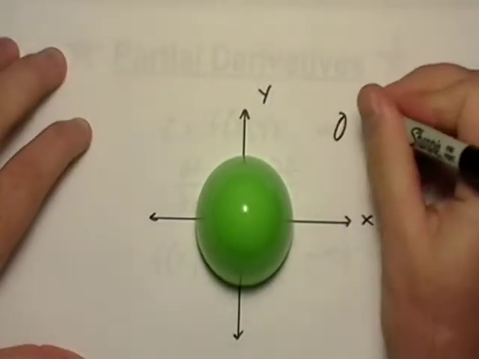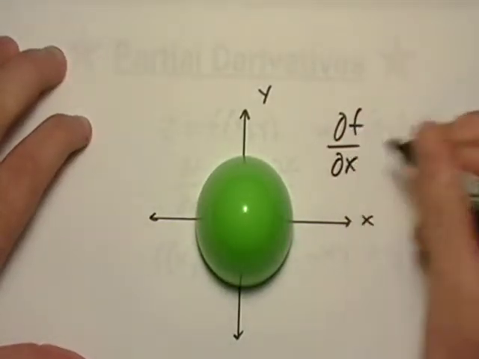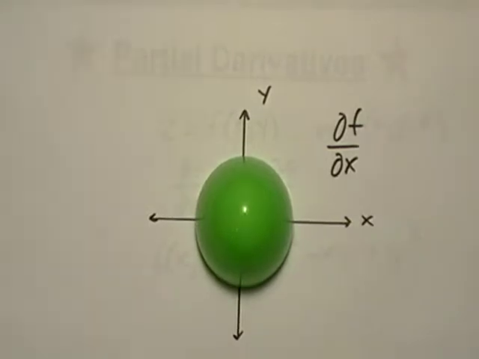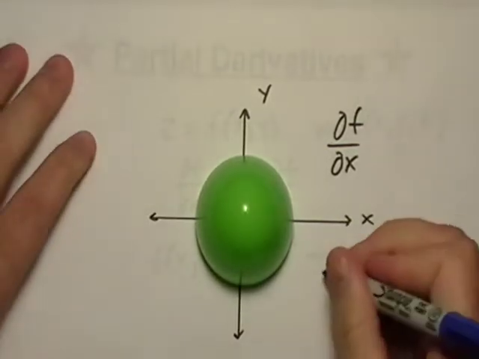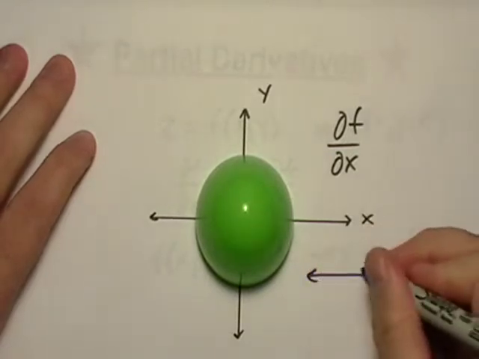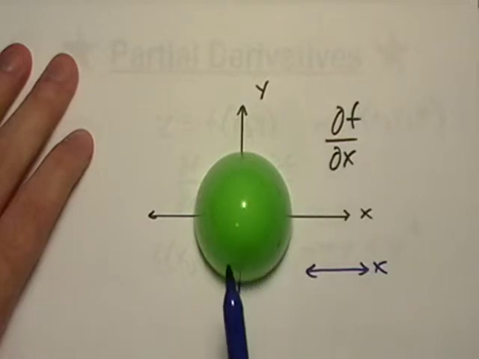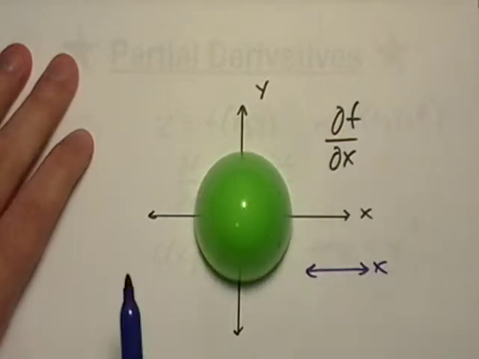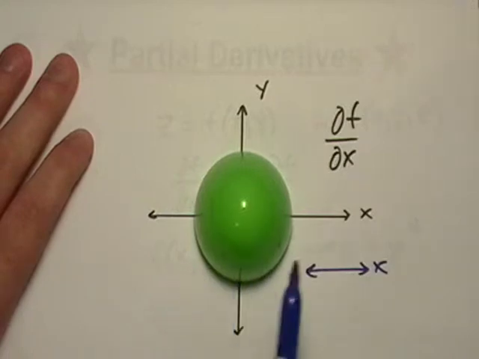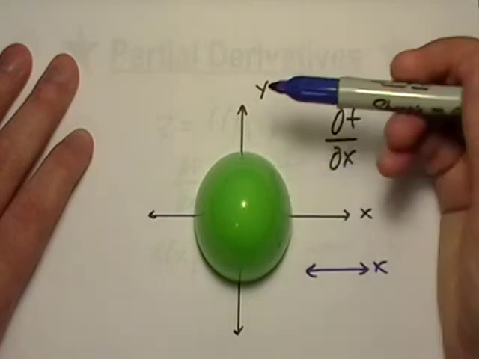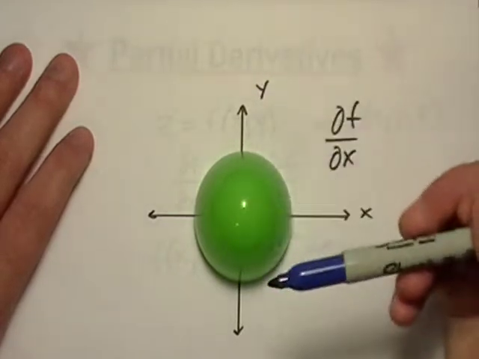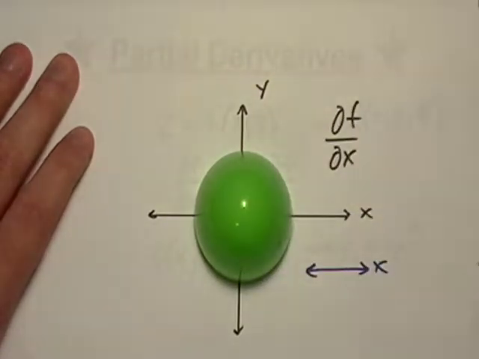All that means is I'm taking the derivative with respect to the direction of the x-axis. Notice this curves as I go over here. As I'm trucking along the x-axis, it encounters a rate of change, but at the same time, we don't go anywhere on the y-axis.